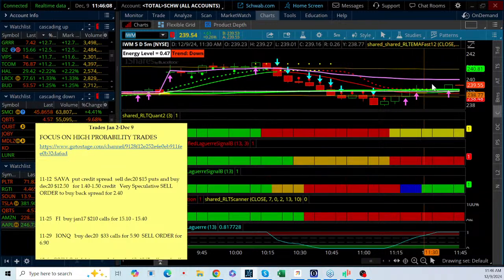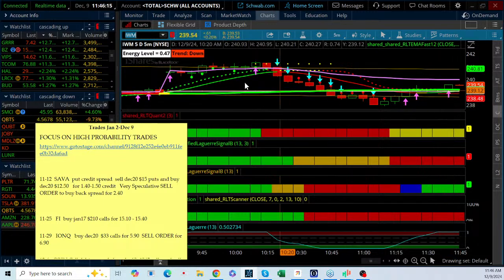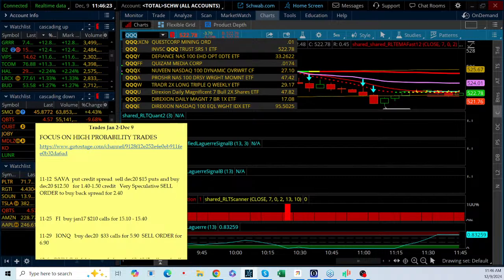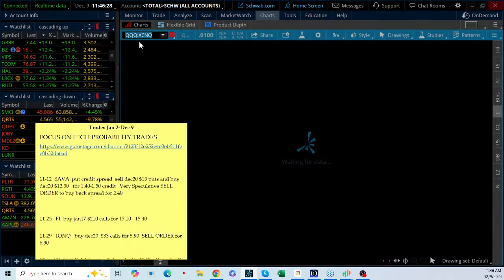If it's going to head down and back again, hit the VWAP of the 15 and head down, maybe that would be a good short. The problem is the IWM and the SPY both are right on support on the daily chart. The index that has the biggest downside potential to support is the Qs.